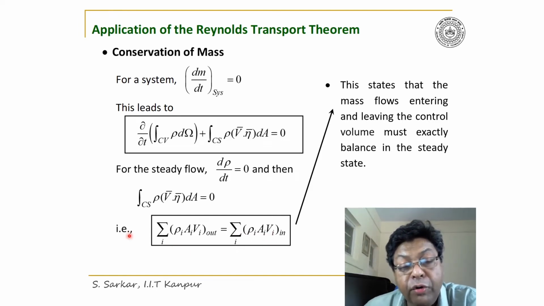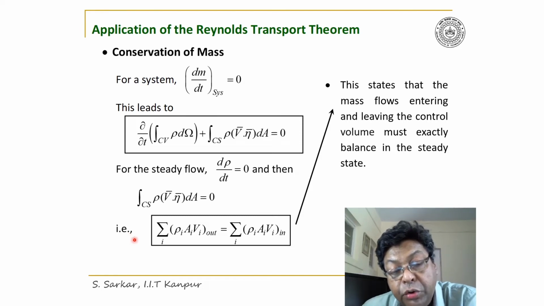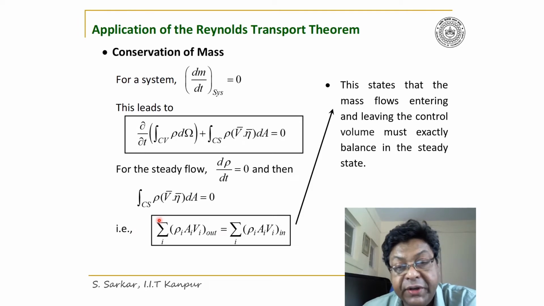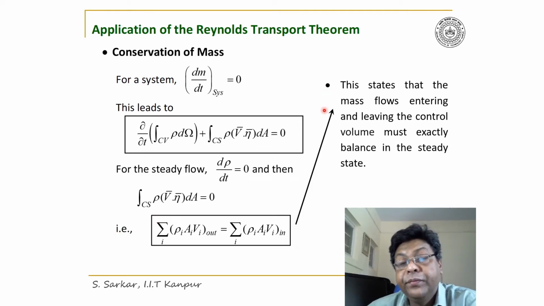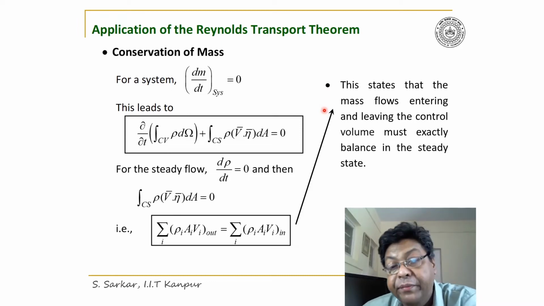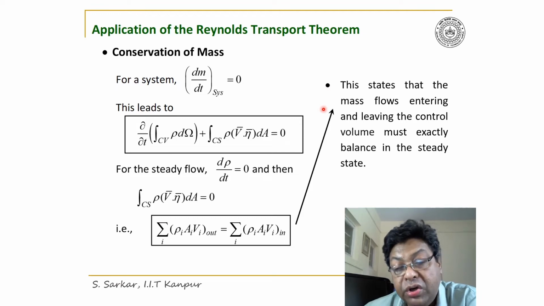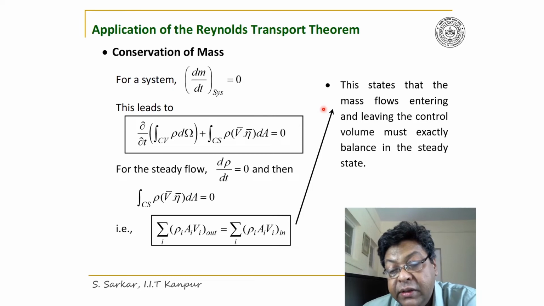That means mass flows through the different inlets and outlets balance each other. This can be stated as, for a steady system, the mass flow entering and leaving the control volume must exactly balance each other.